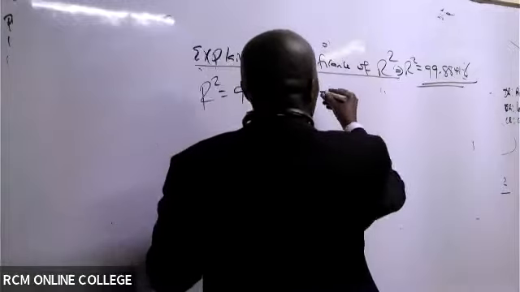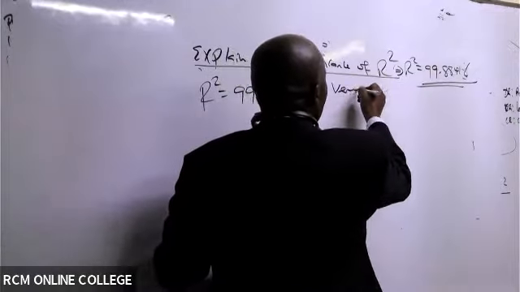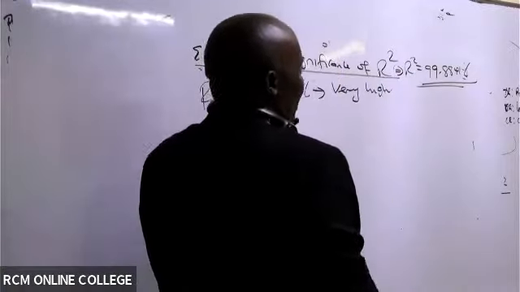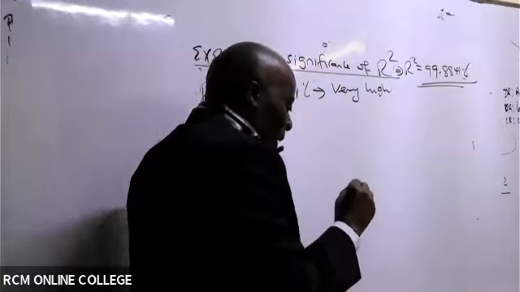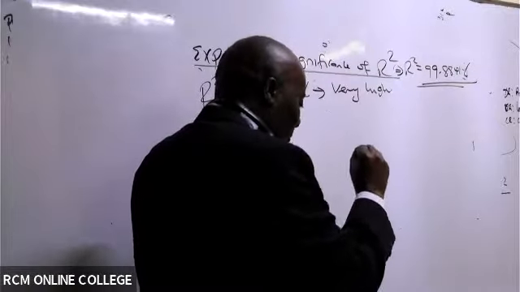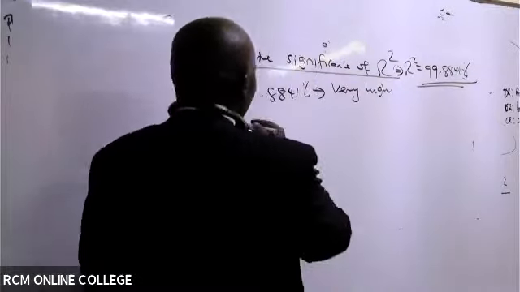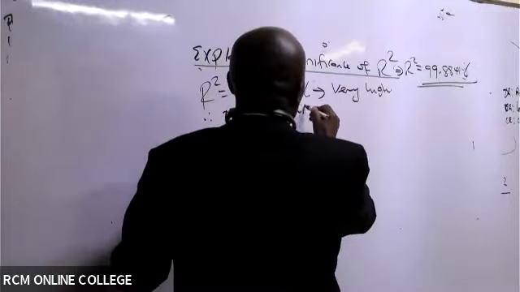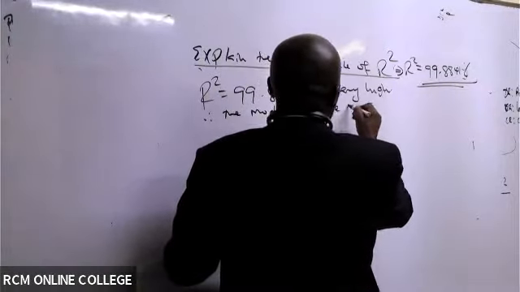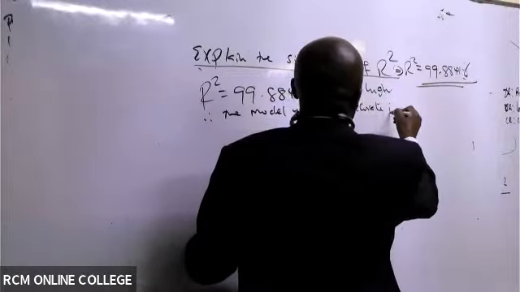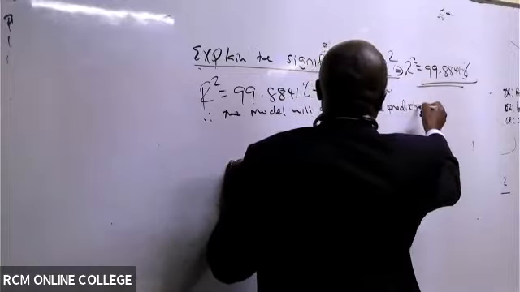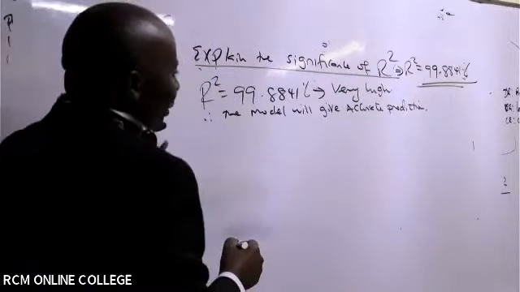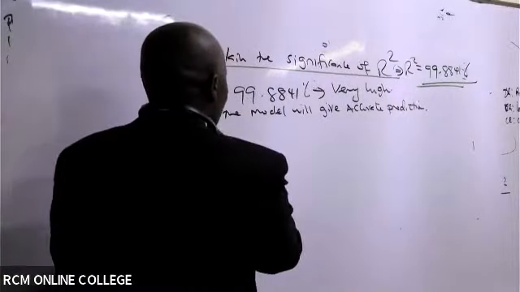First of all, this is very high. If it is very high like that, it means that the model will give us accurate predictions.